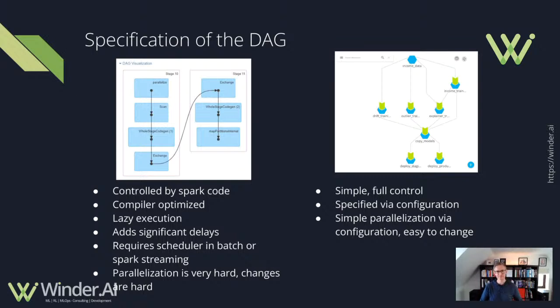For Pachyderm, the processing graph is specified by configuration. Effectively, for every stage in the pipeline, you define its inputs and outputs via a simple manifest, and that ultimately defines the full processing graph. It's very simple. You have full control over it. It's very clear what the graph is going to look like when you make those changes.